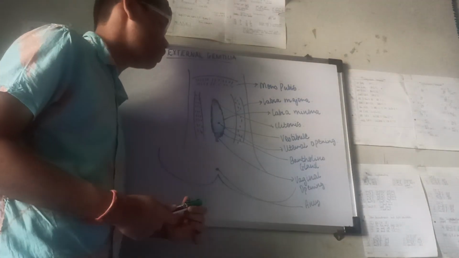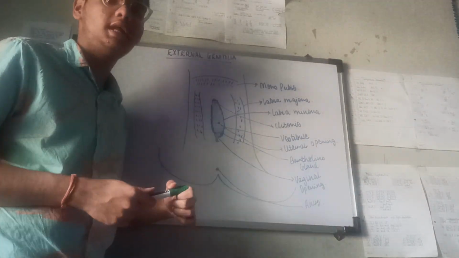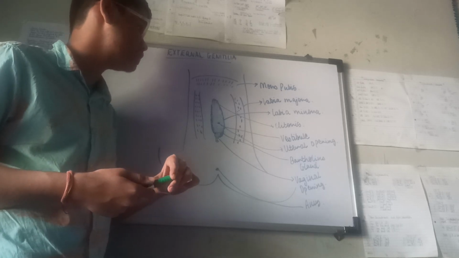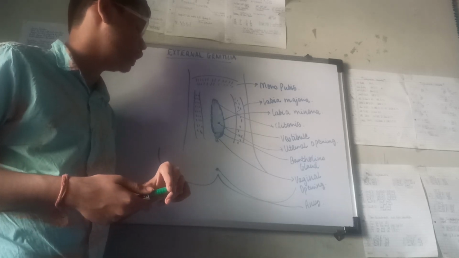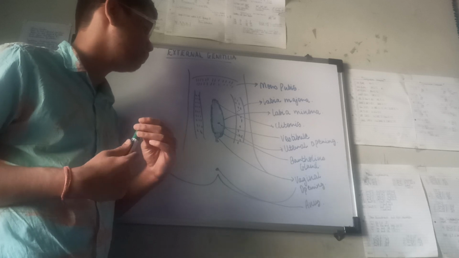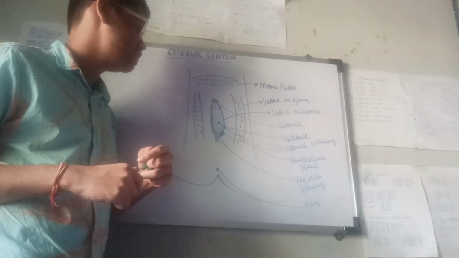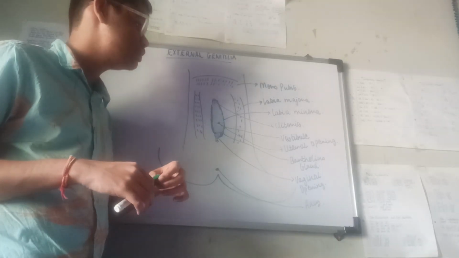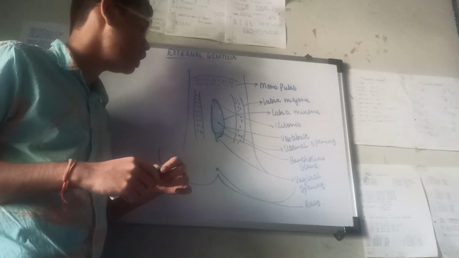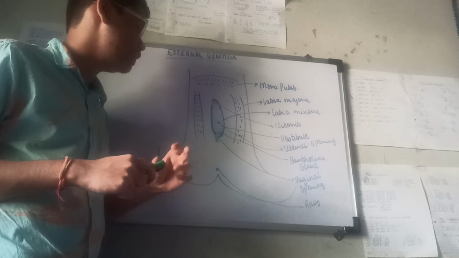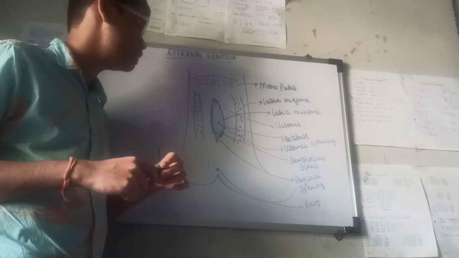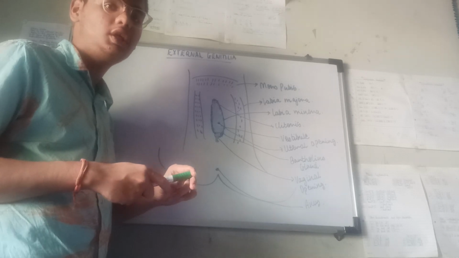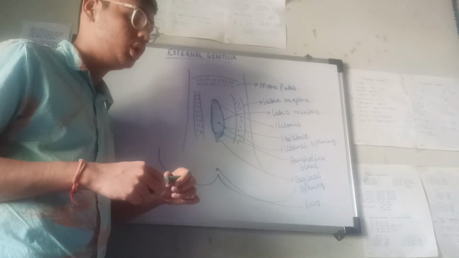First we have mons pubis, which is a fatty cushion layer, labia majora, which contains hairs and is a protective layer. Labia minora, no hairs are present in that region, and inside that shaded region you can see the vestibule. Clitoris is highly sensitive, equivalently sensitive like the male's penis.